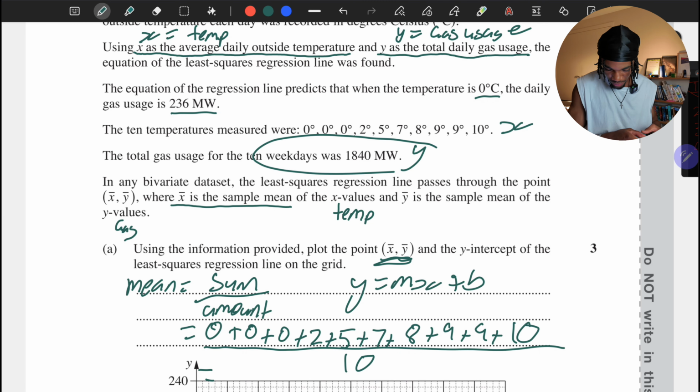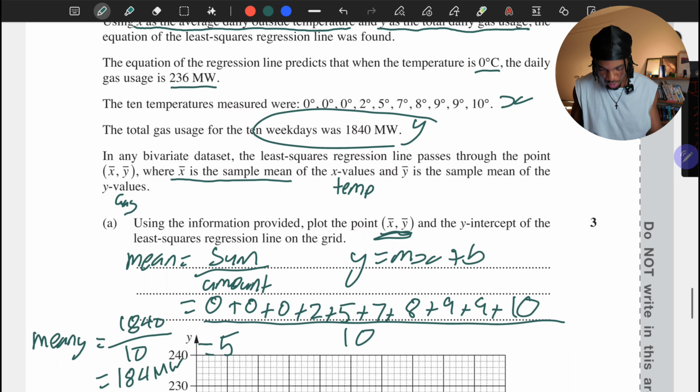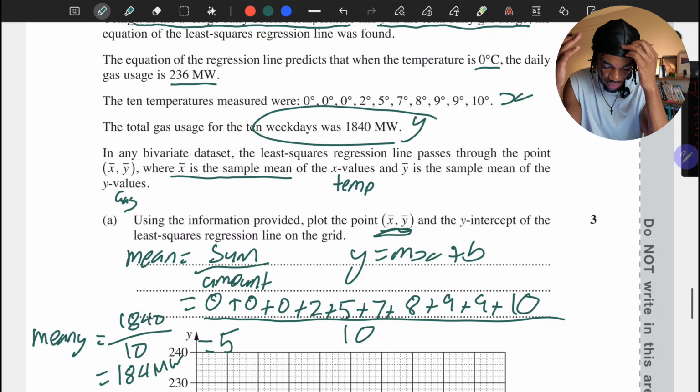That equals 2.5, and then ȳ is the sample mean. So the mean of Y equals 1840 over 10, which equals 184 megawatts. Cool.